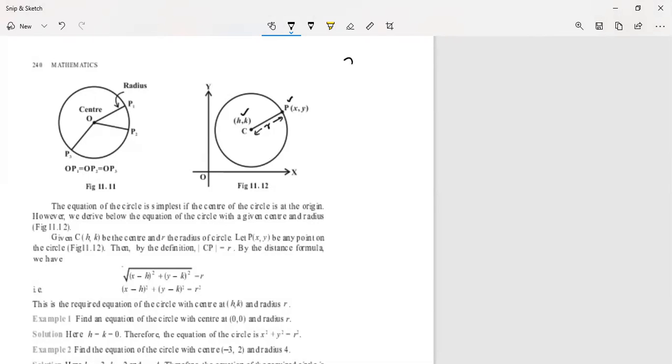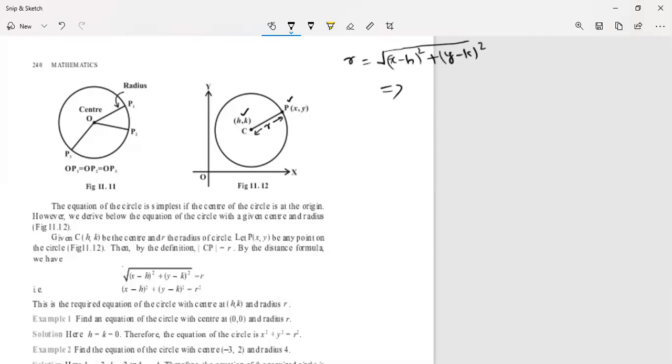R is the distance between P and C, which is the square root of (x2 minus x1) squared plus (y2 minus y1) squared. So we can write the square root of (x minus h) squared plus (y minus k) squared is equal to the radius, and then squaring both sides.